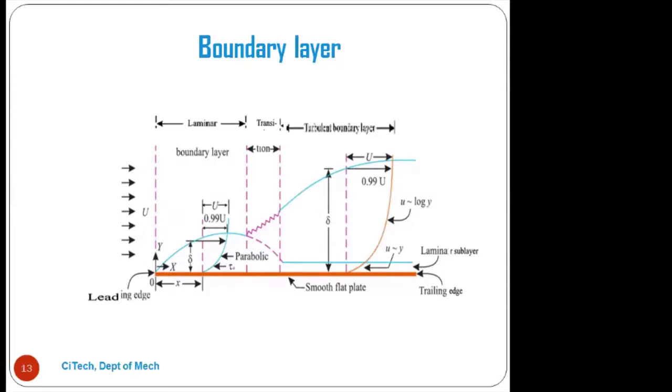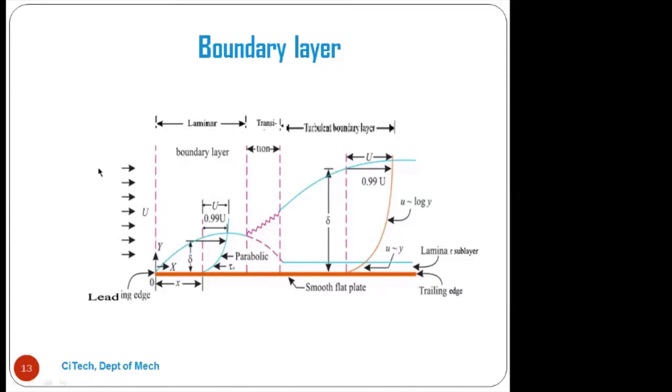Also, in today's class we are going to discuss the boundary layer. Suppose you consider this plate here, with the leading edge of the plate here, and this end is called the trailing edge.